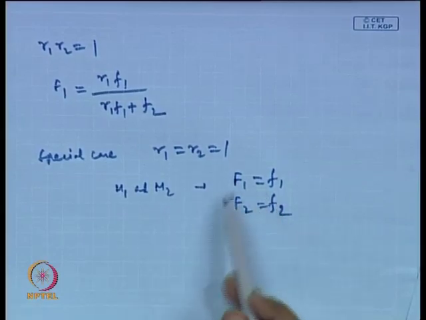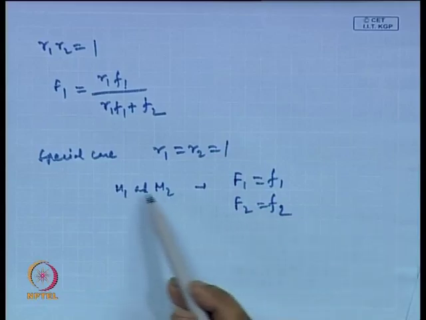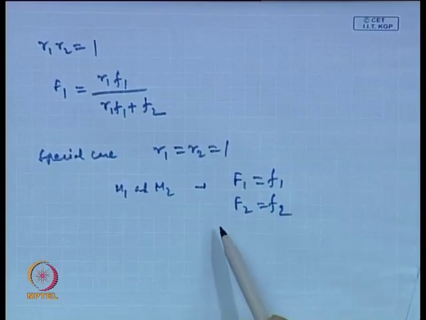So, obviously, the rate at which M1 and M2 are getting incorporated in the copolymer chain is the same as their ratio in the monomer feed.